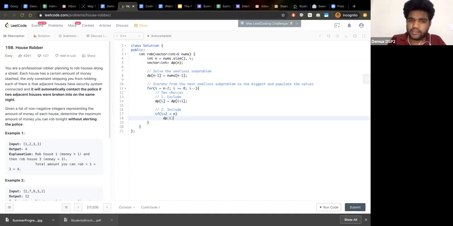Then dp of I is the maximum of whatever I have so far, and if I include this, I will have nums of I plus dp of I plus 2.